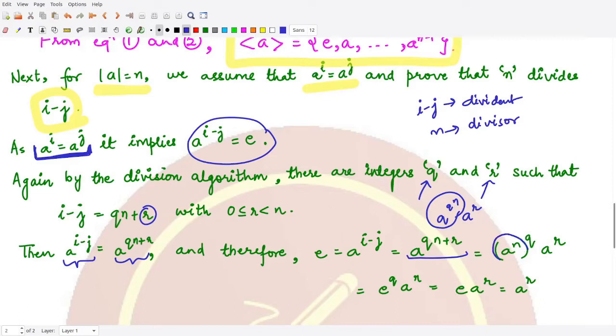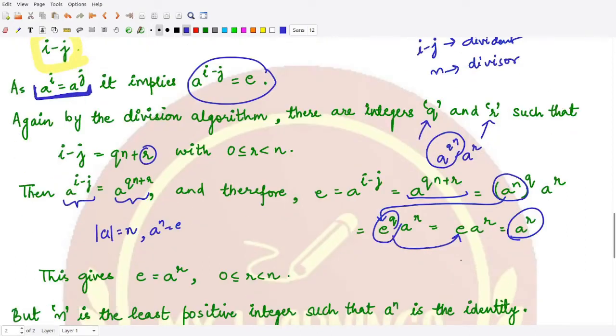And what is a to the power n? That is identity, because the order of the element a is equal to n, so a to the power n is equal to identity. So e to the power q is e, right? And e multiplied with a to the power r is a to the power r. So that means this e is basically this a to the power r.